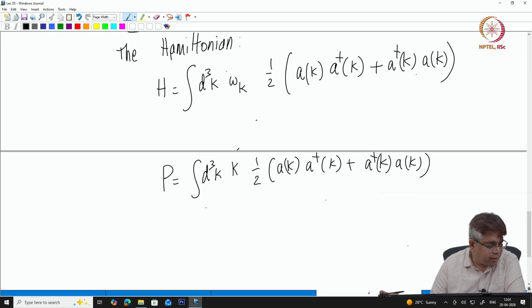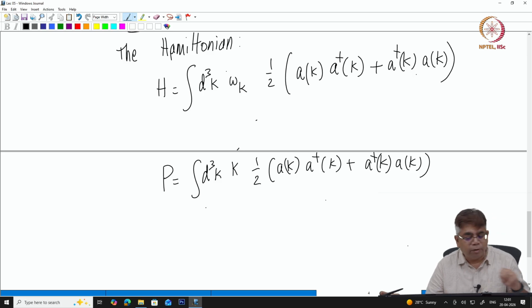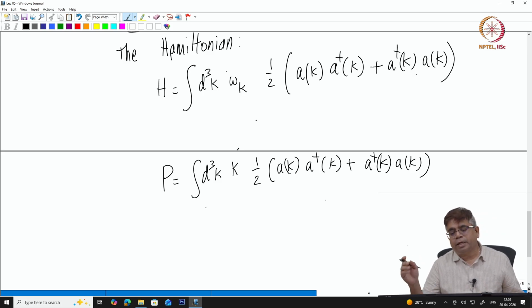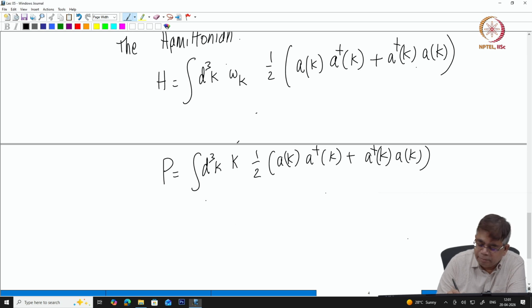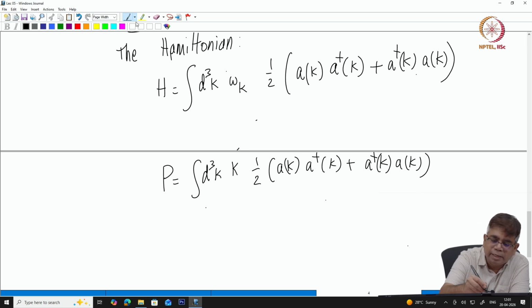You can discretize it. Instead of continuous k values we can go into discretized momenta.